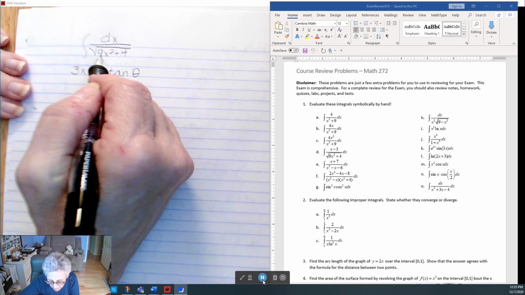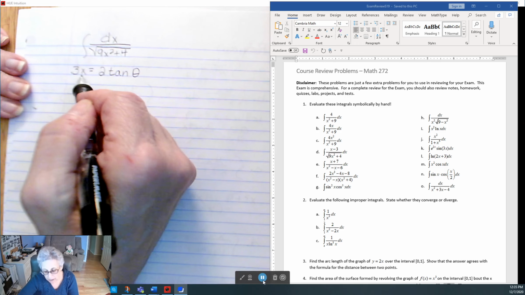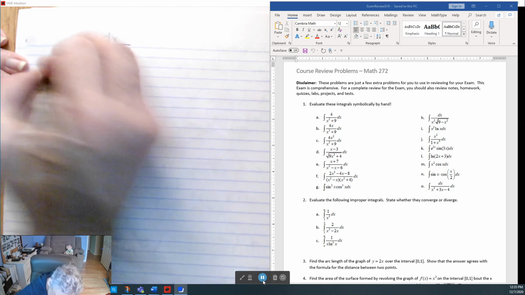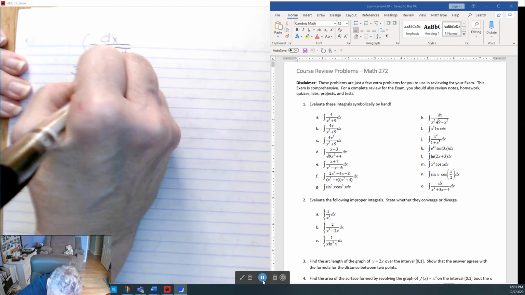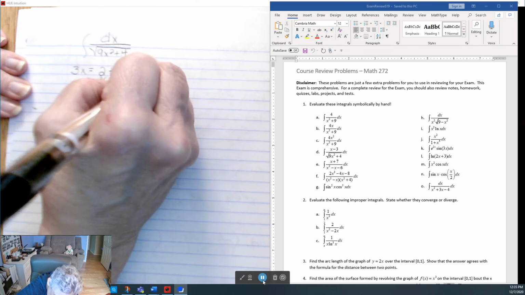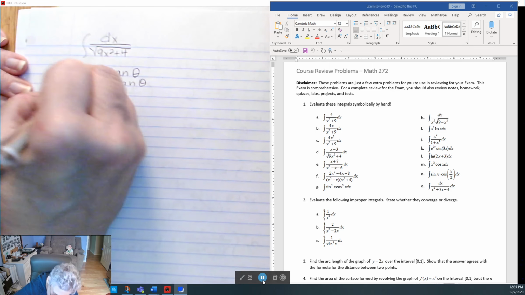If we didn't have the 9 sitting there, it would just be x equals 2 tangent theta. So x is equal to 2/3 times the tangent of theta.